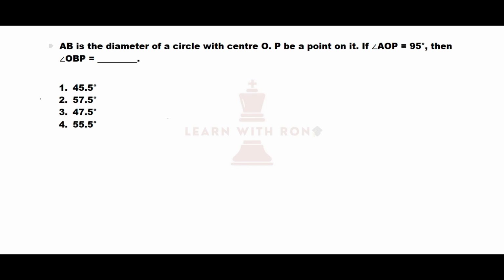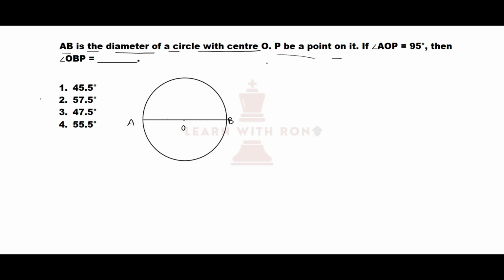See this question here. Here what they have given: AB is the diameter of a circle with center O. So let us suppose this is a circle and AB is a diameter in it, A and B, with center O, and P is a point on the circle.